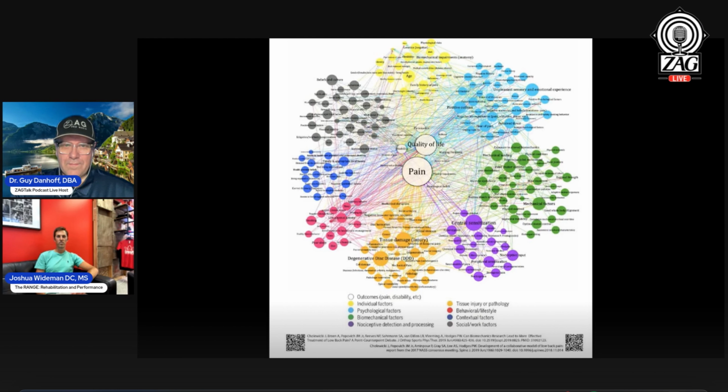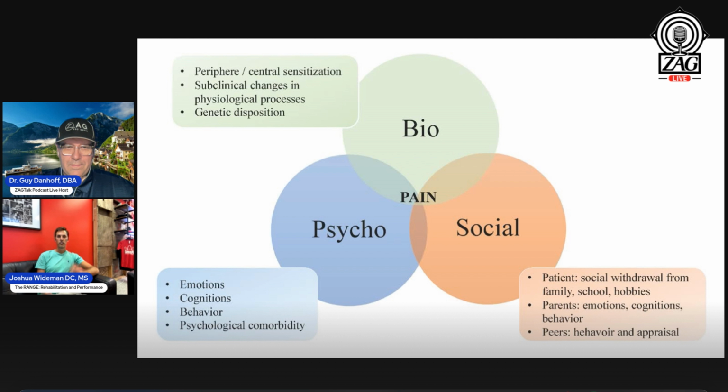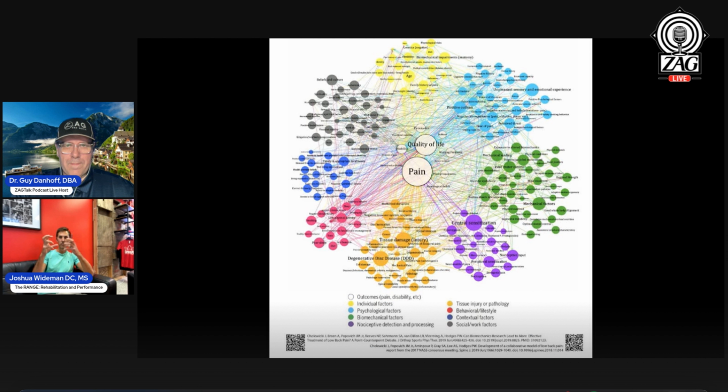Yeah, so I know this is a difficult image for people to see because it's got so much on it, right? But each one of those color codes would correspond to one of those three diagrams that we just saw in the previous. So it's just broken down into much more detail, right? And then every person, those little circles would be different as far as which one has more value.